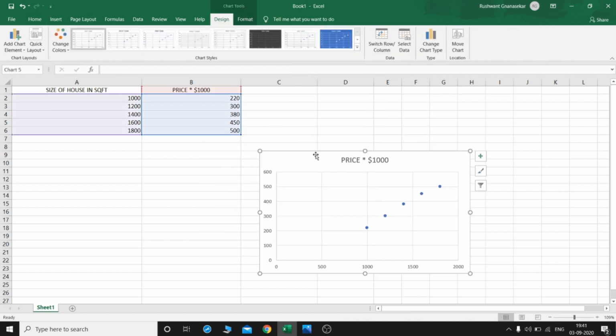So you have selected these values, and once you insert the scatter plot graph, you will have a chart element option here in design. You need to select this and then choose trend line. There you go. You have a dotted line, which is basically your linear regression line based on the values you have given in these two parameters.